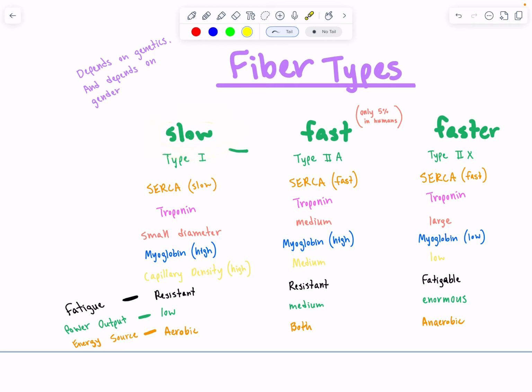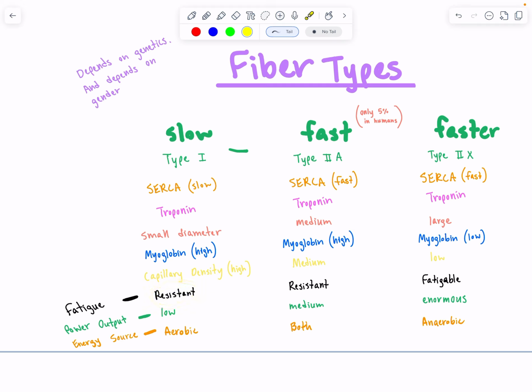A few characteristics of these: its energy source comes from aerobic stuff, so it's able to last longer. Since it lasts longer, it doesn't fatigue as quick.